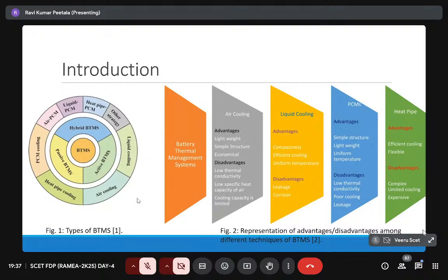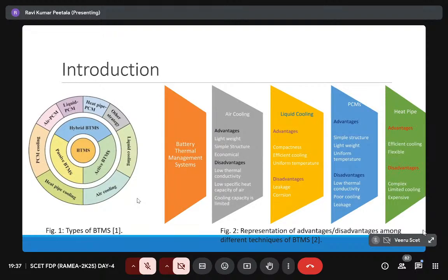In passive cooling techniques, we use PCM as a material over the surface of the battery to extract or dissipate the heat from the cell to the PCM. We use PCM and heat pipes; these are passive cooling devices. In active cooling devices, we supply air over the surface of the cell so that we can remove the heat from the cell, and also liquid cooling.